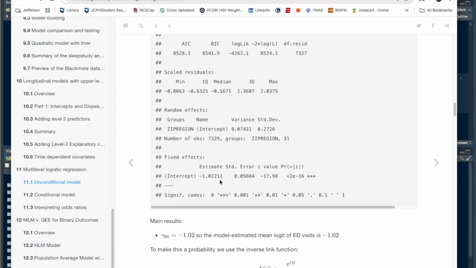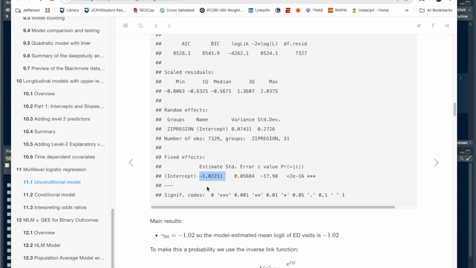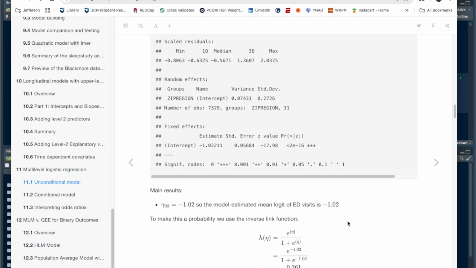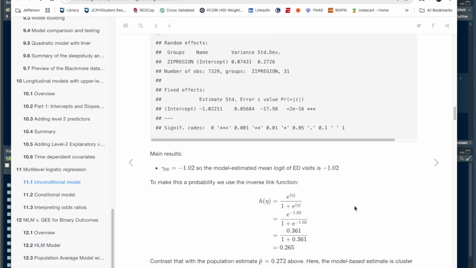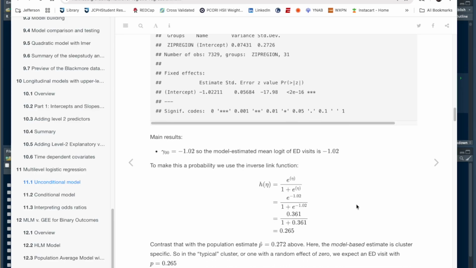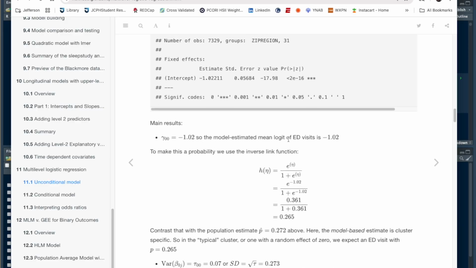The intercept in this model gives us the logit for sort of the overall mean. Now here's where we have an issue, right? So first, let's turn this logit into a probability, right? So the model estimated mean logit of ED visits is negative 1.02, which doesn't help us out very much, right?